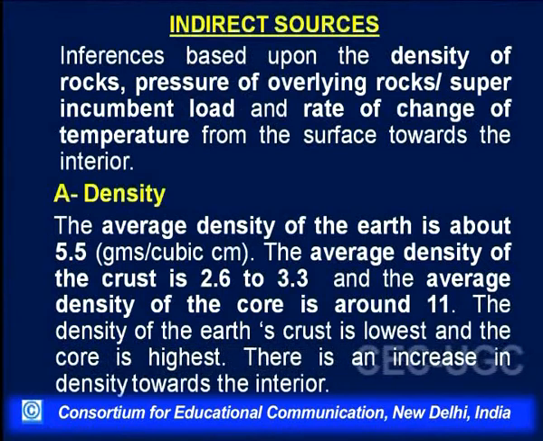That means there is an increase from the crust to the core, from the lowest density located in the crust to the highest density in the core. So the range is from 2.6 to 11 grams per cubic centimeter.